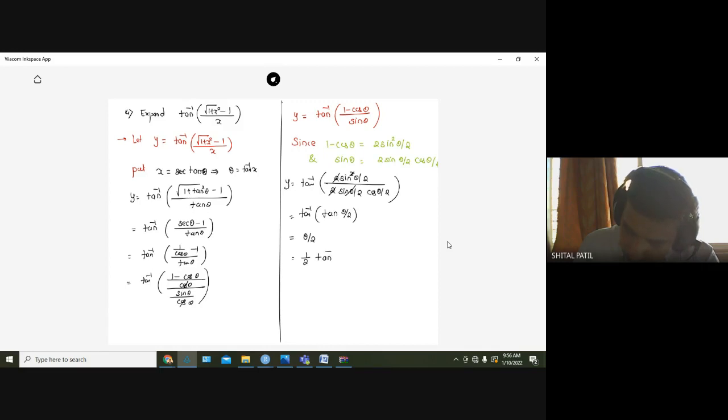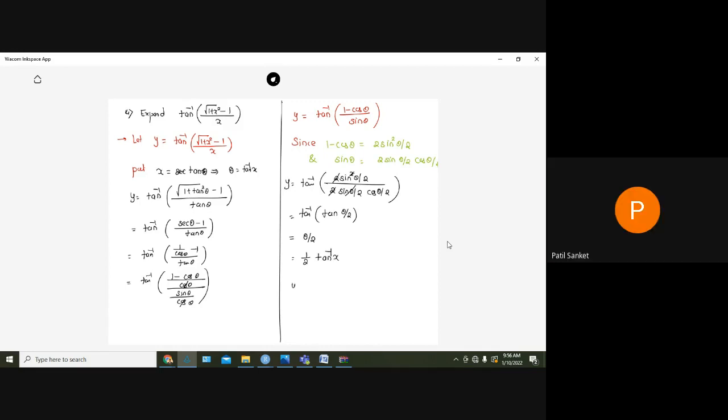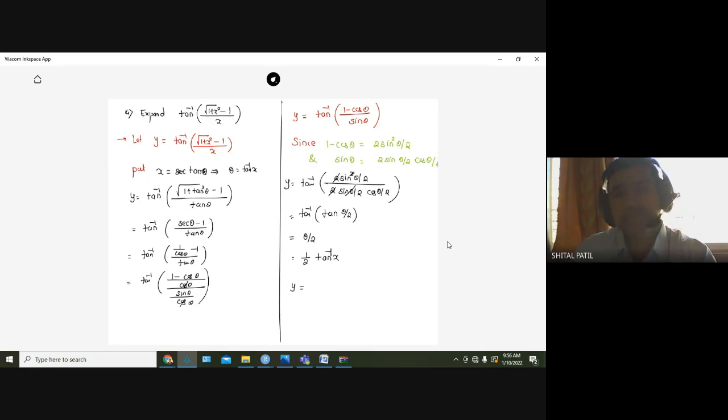And theta is known to us. Tan inverse, yes. And then we get the required answer.